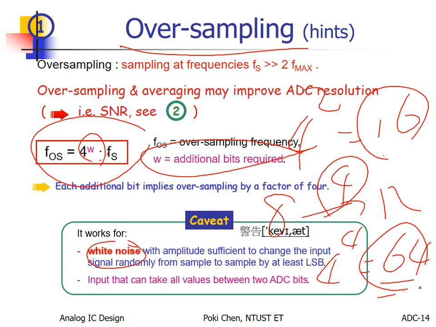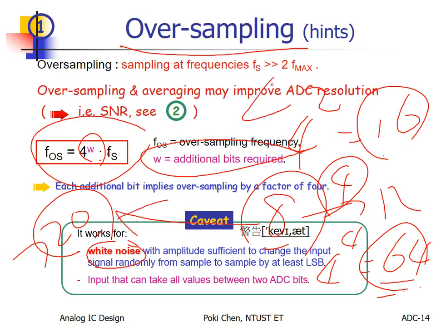Because for the most accurate ADC we have on Earth, the ENAB should be more than 20. But you only get 8 bits from the beginning. By oversampling, my God, is it possible to increase your sampling frequency to the 12th power of 4? No, mission impossible. It's totally impossible.